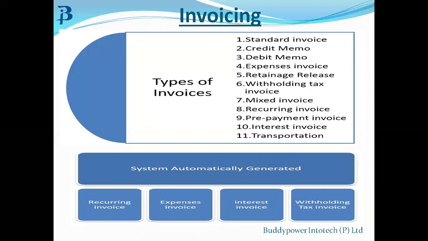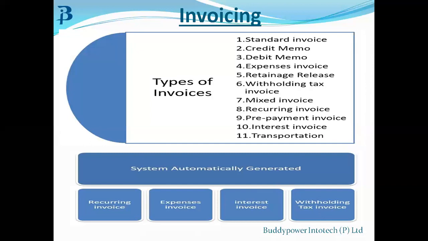Here you have a ratio of say 90 to 10. You make 90% of your payment by the 15th of the month, and then you release the remaining 10% only after the whole work is completed. This is your retainage release invoice.